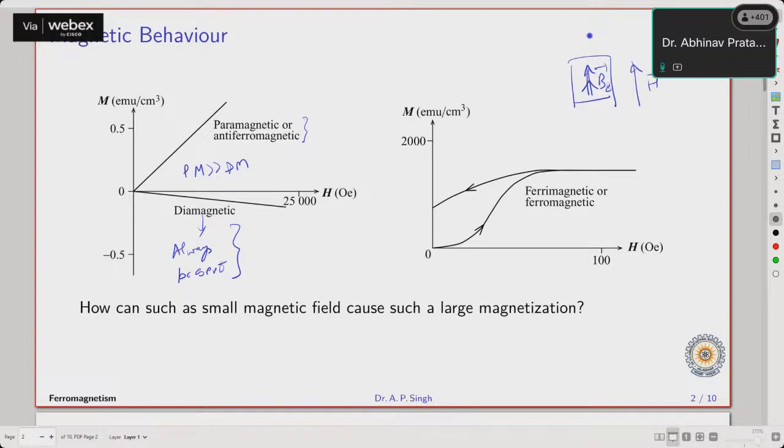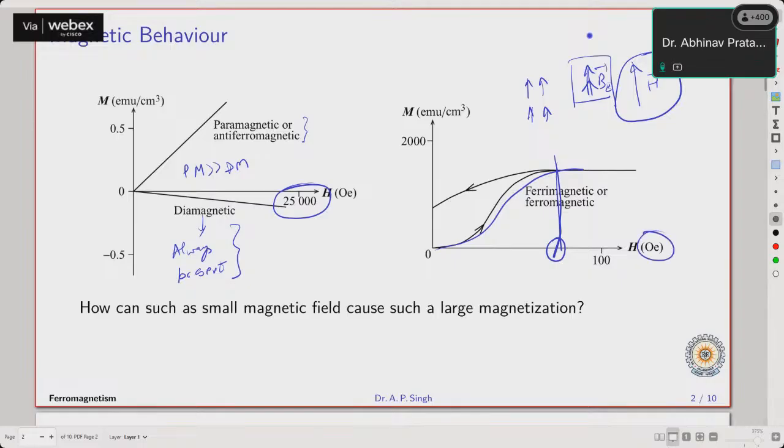So therefore, now the magnetization very fast saturates. That means all the dipoles align very fast along the direction of the external magnetic field. So that is why you see that this saturation appears very fast at very small magnetic fields. For example, you can see that this is 100 and here we were talking about 25,000. So at very small magnetic fields this happened.